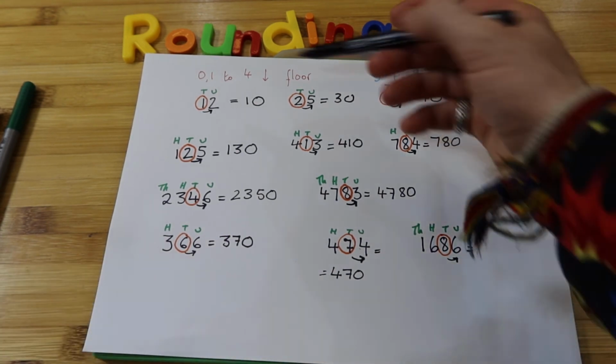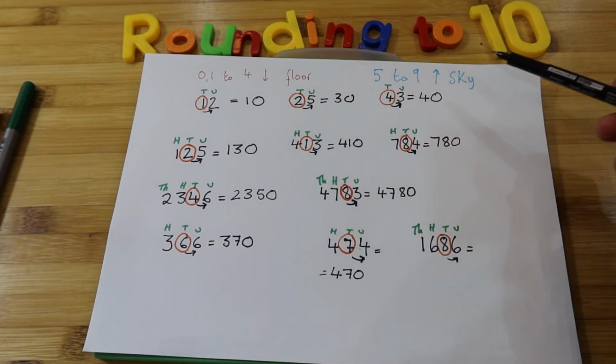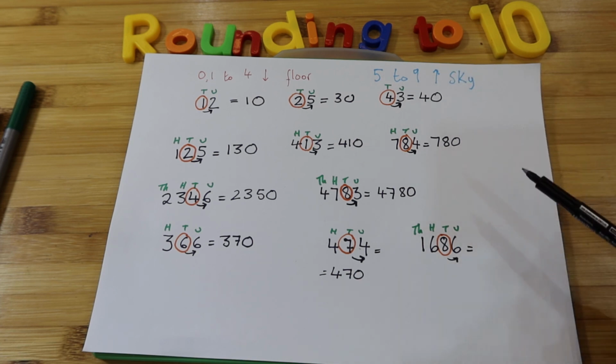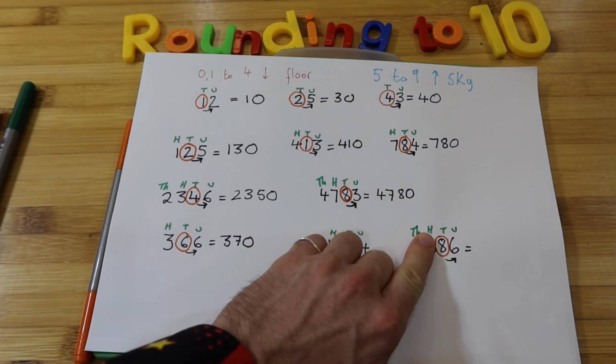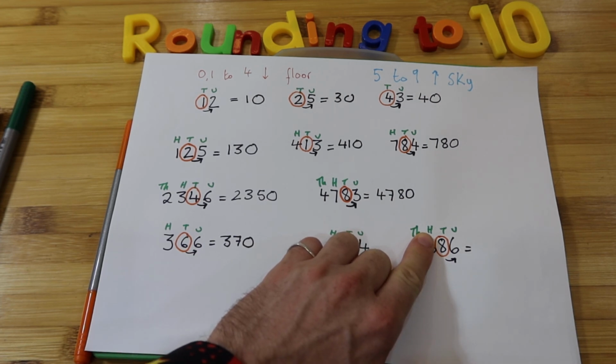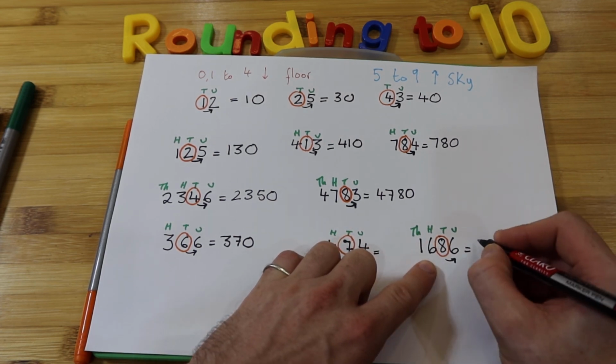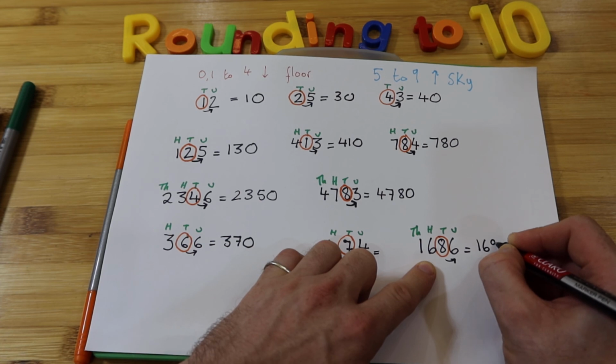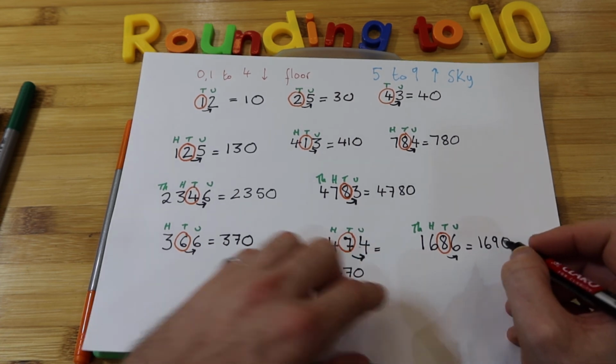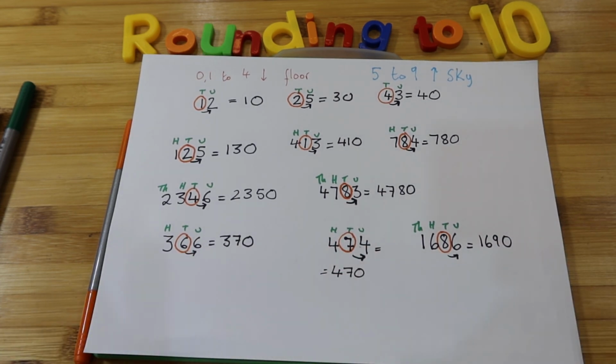So 0, 1 to 4, round down to the floor. 5 to 9, round up to the sky. And it's a 6, so we're rounding up. Now if we cover that, 86 to make it easy. What's the next 10 after 80? 10, 20, 30, 40, 50, 60, 70, 80, 90. So don't forget the other numbers. 1690.